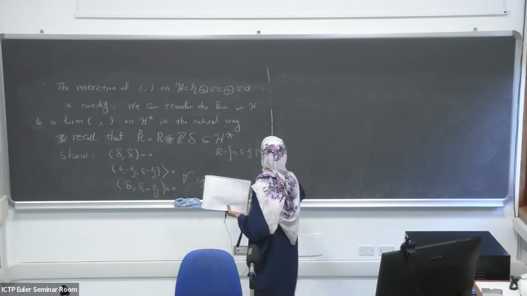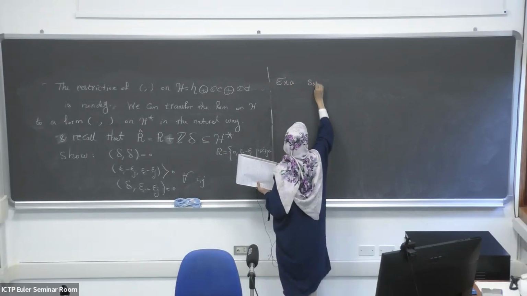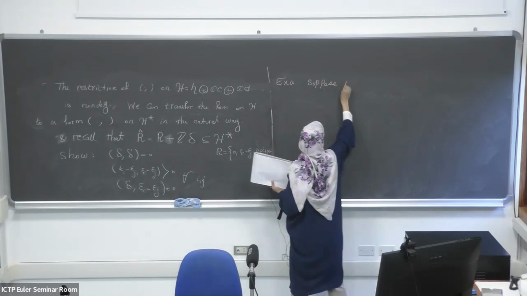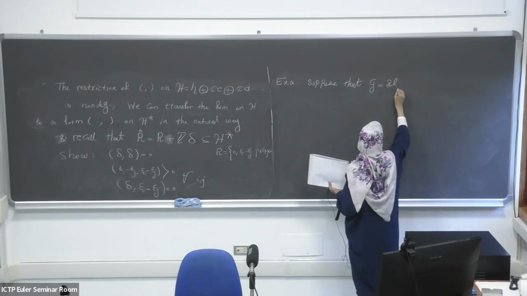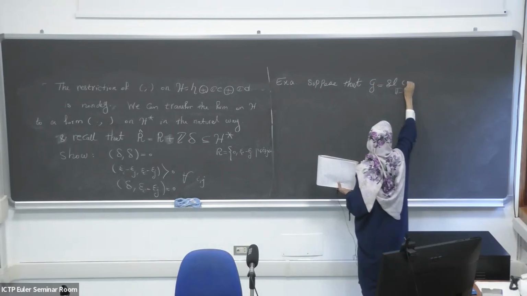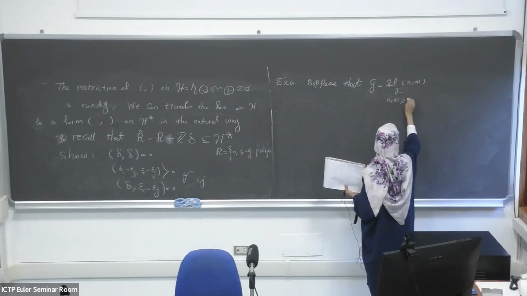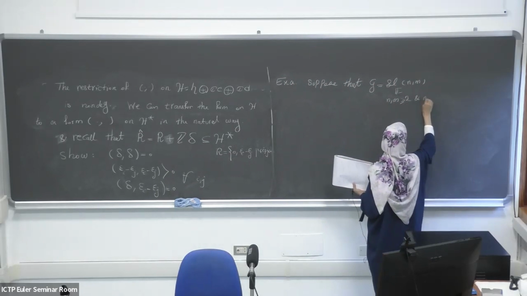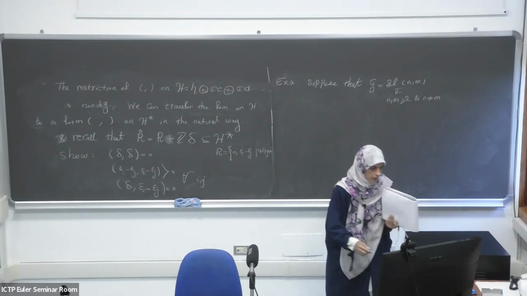And an example: suppose that G is SO, F, and M, and N are greater than 1, and N is not F. Okay, I need some chart.